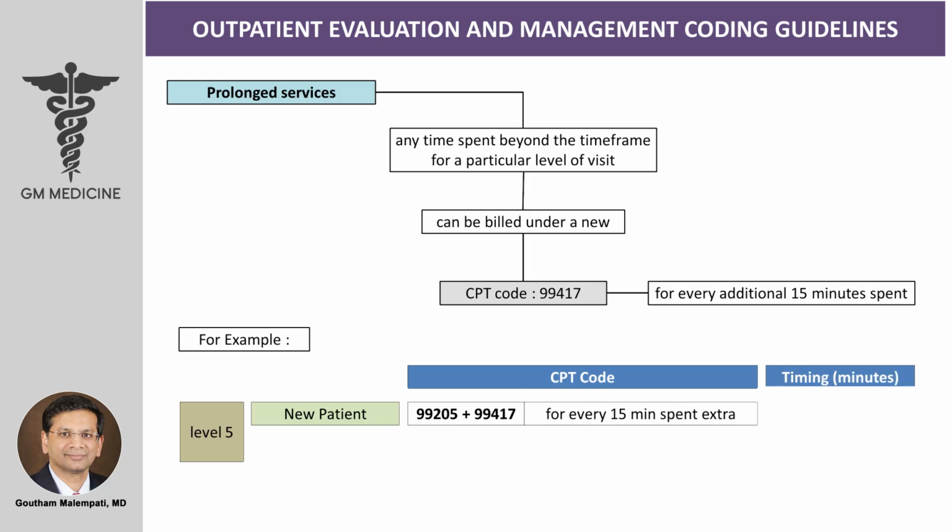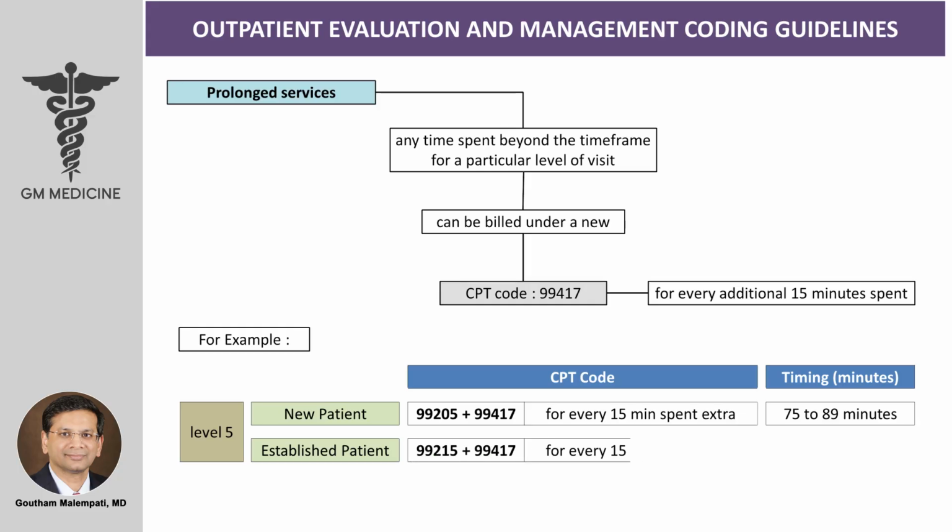In this case, it would be 75 to 89 minutes. For an established patient level 5 visit, it can be billed under CPT code 99215 plus 99417 for every 15 minutes spent extra. In this case, it would be 55 to 69 minutes spent.